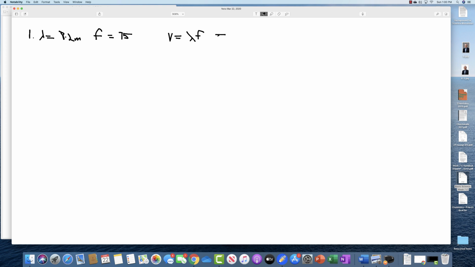So in this case, you take the wavelength, 8.2, and multiply that by 75, and that's going to equal 615. The wavelength was in meters, and this is per second or hertz, so it's going to be meters per second. So that's the answer to the first problem.